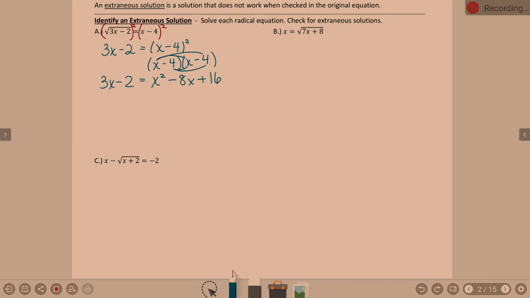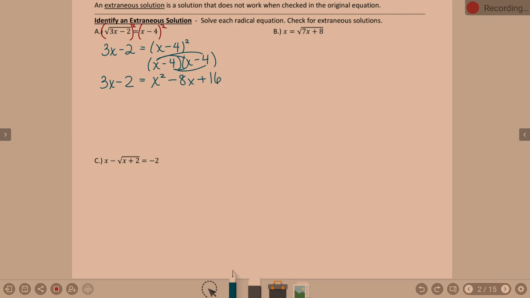Okay. So beware of FOIL. Got to use all of our algebra skills. Okay, thoughts for solving steps from here. Because obviously our job is to solve for x. We got rid of our radical. What do you see in this equation?